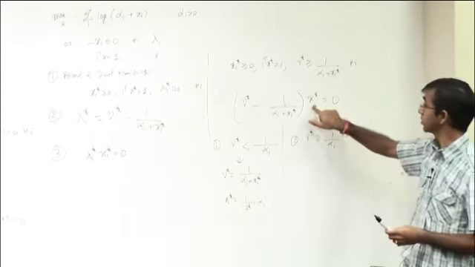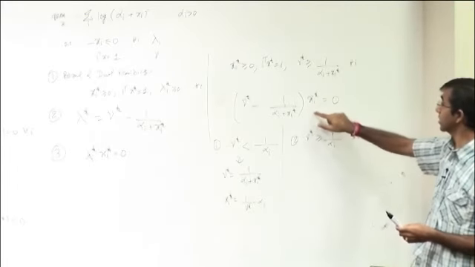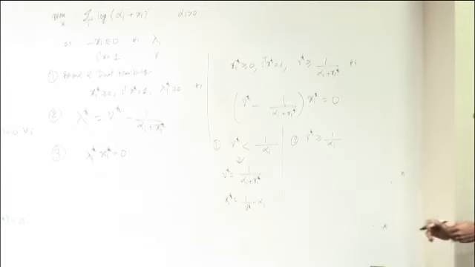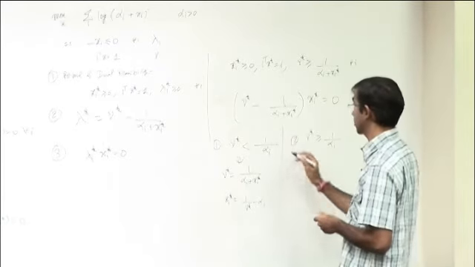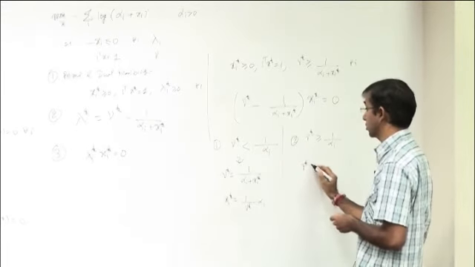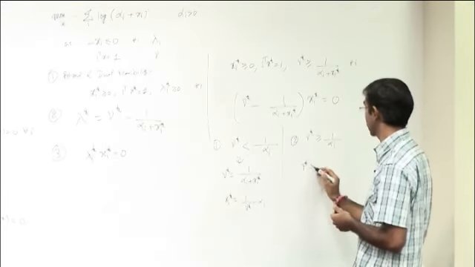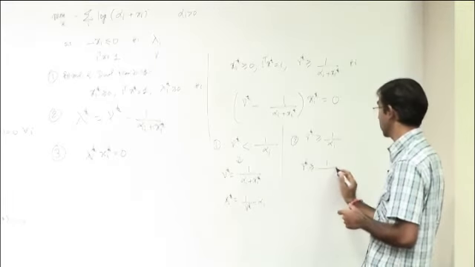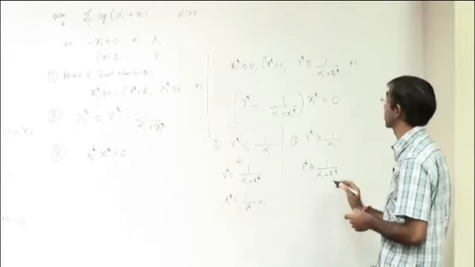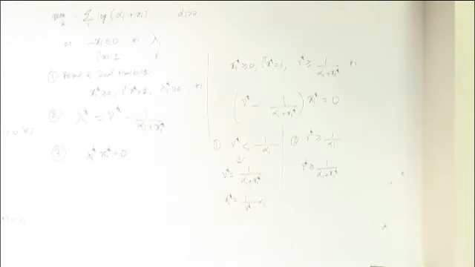So xi star has to be equal to 0, and nu star can be greater than or equal to 1 by alpha I plus xi star. That's all I have here.